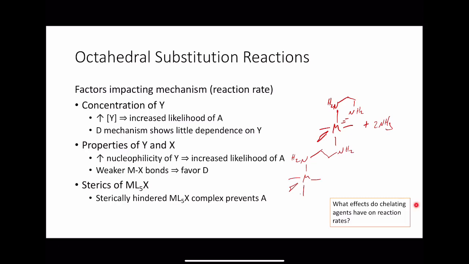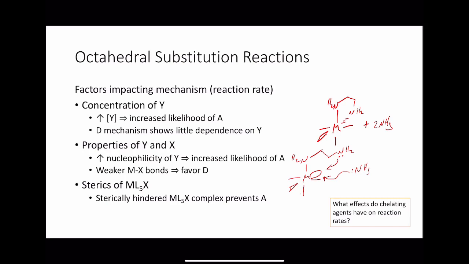And if we consider this open site, which I'm noting with just an orbital right now, we consider whether an ammonia molecule comes in and coordinates to that site, or this other end of the ethylene diamine comes and coordinates to that site again.